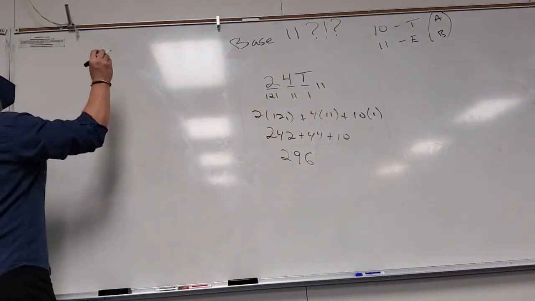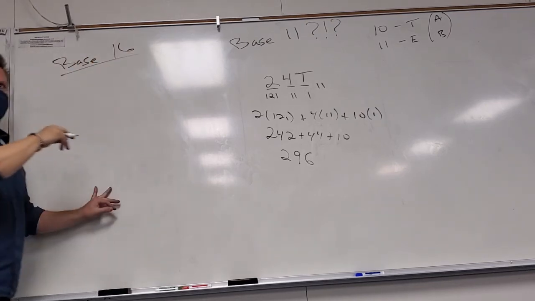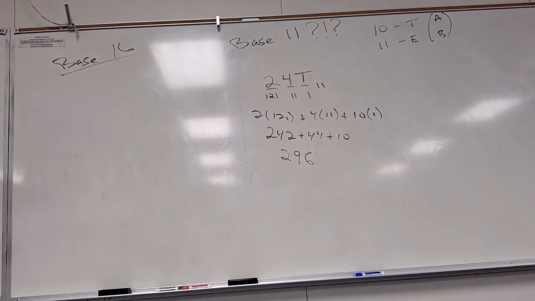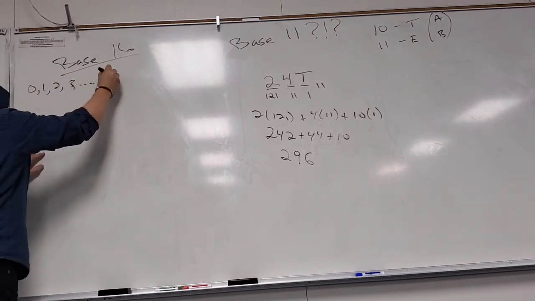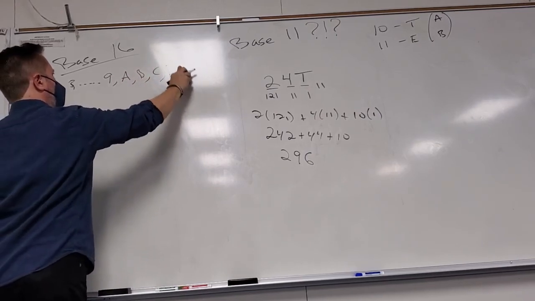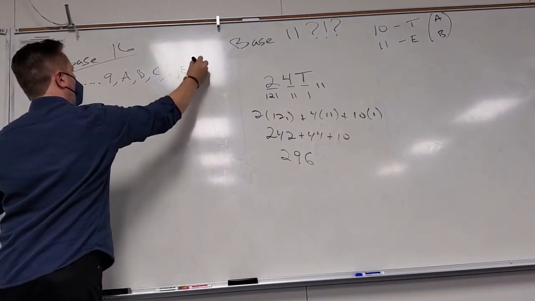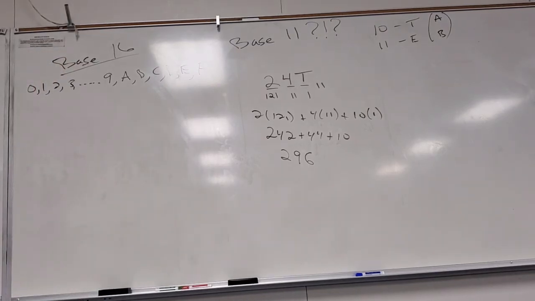All right, what about, this is what I was saying earlier, base 16, hexadecimal. So I got 0, 1, 2, 3, up to 9, 10, 11, 12, 13, 14, 15. That's what's used.